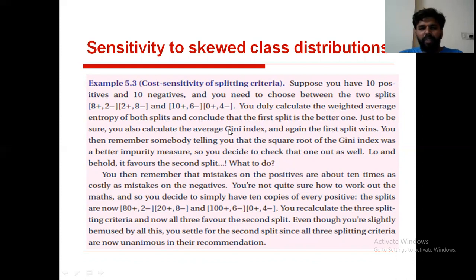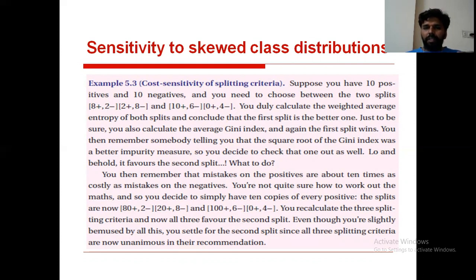What I would like to say here, there are three measures: entropy, Gini index, square root Gini. If you give ranking to all these segments using entropy, for the first segment it will give the highest ranking. Entropy will give the highest ranking. If you are using Gini index also, it gives the highest ranking to the first segment.